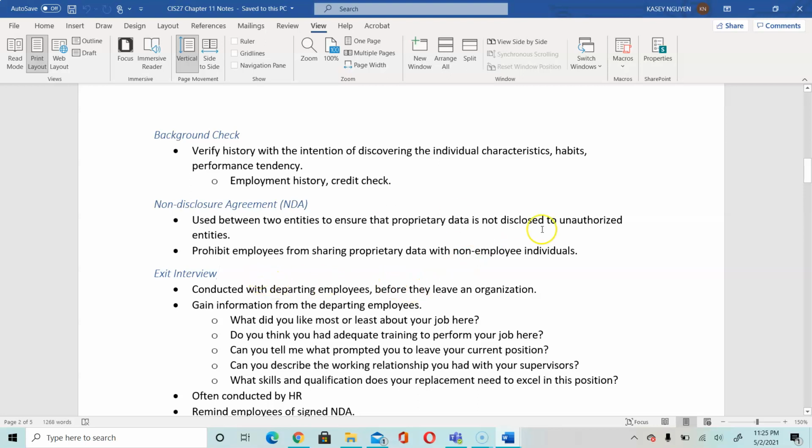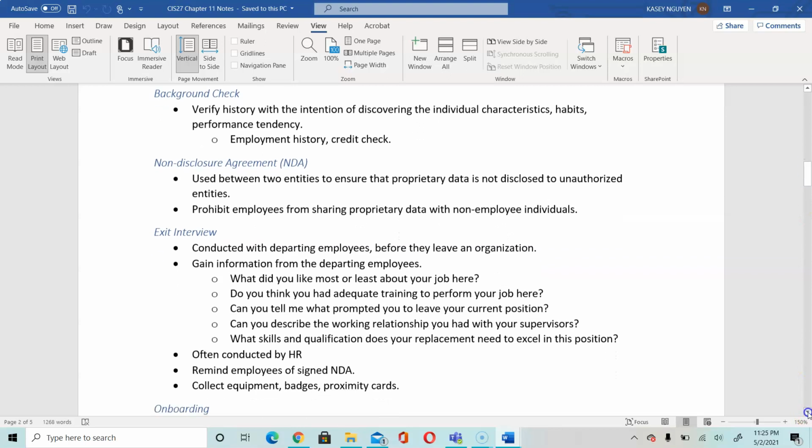And companies would incorporate an exit interview, and this is conducted for people who are leaving the organization. That would allow them to gain more information about the employees, about how they like or dislike their job, how adequate the training was, and the reason why they leave the organization, because high turnover could mean a problem within the company.